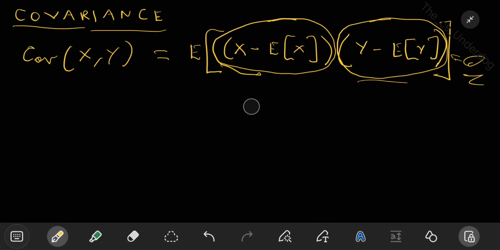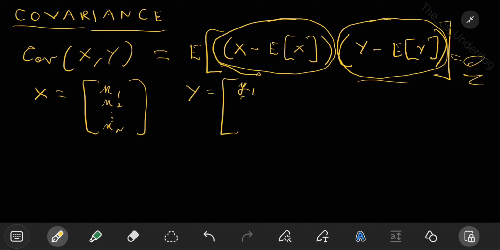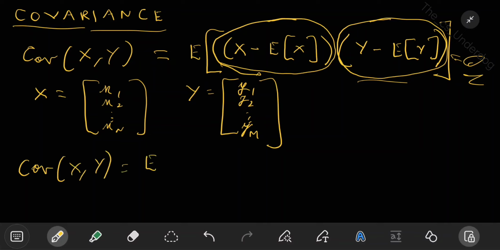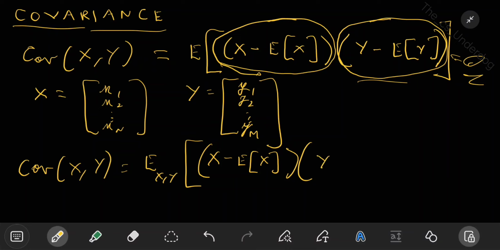Let us now express this covariance term. Let us say you have random variable x, which can take values x1, x2, up to xn. Similarly, random variable y can take values y1, y2, up to ym. In that case, how would you find the covariance of x and y? You would write it as the expectation of (x minus expectation of x) into (y minus expectation of y) transpose.